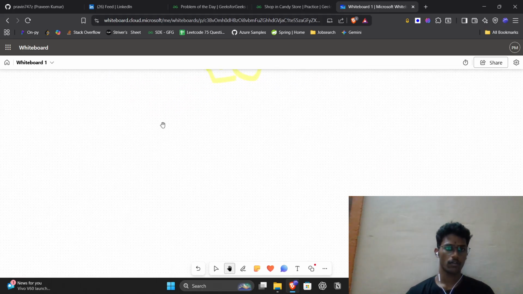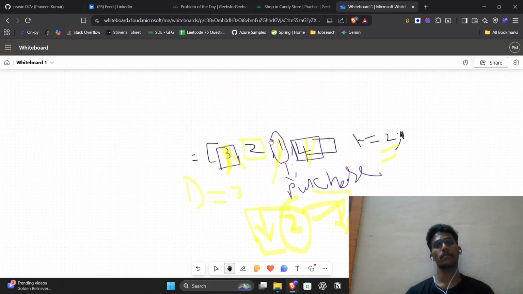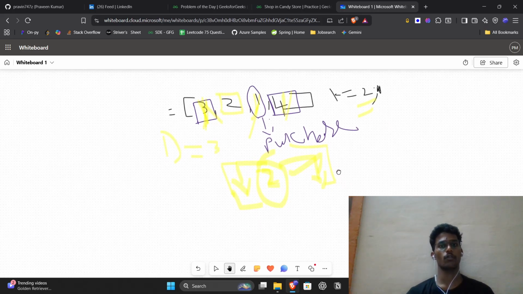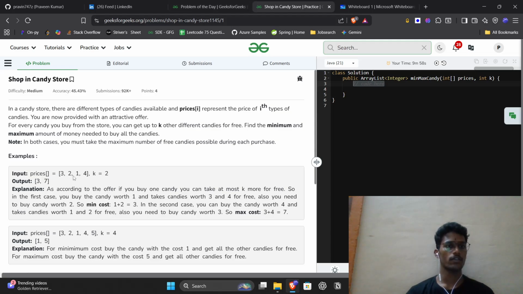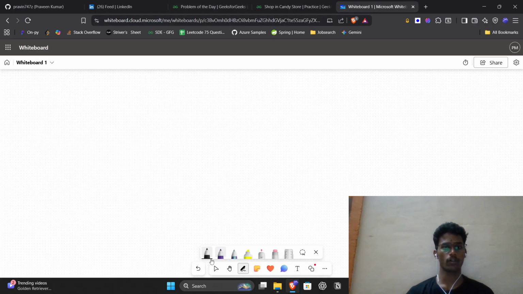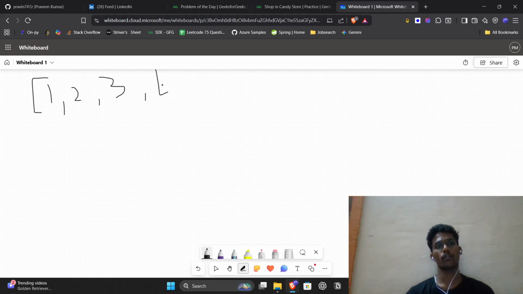Actually, with bare eyes we can see which one is cheaper, which one is costly, but machines don't really work that way. For that we have to sort this array. The original array is 3214 and the sorted array is 1234.